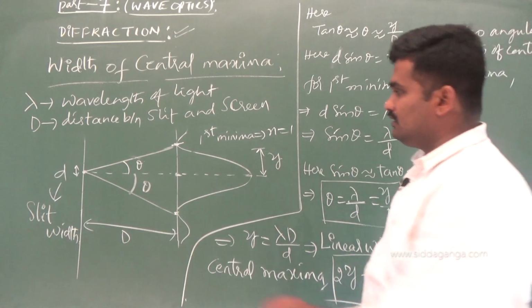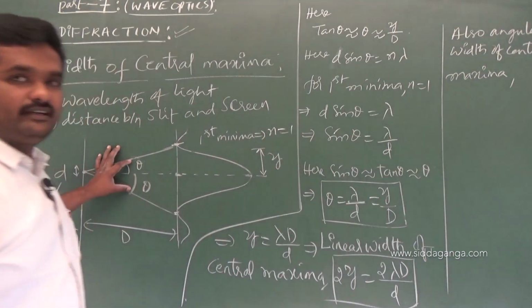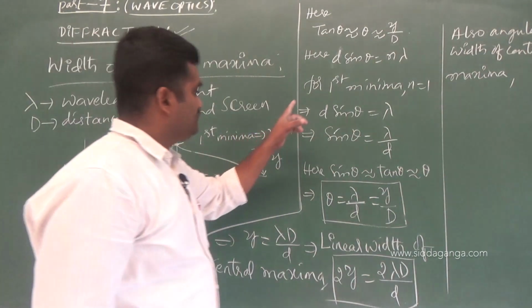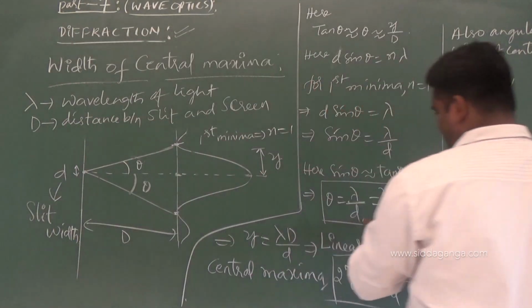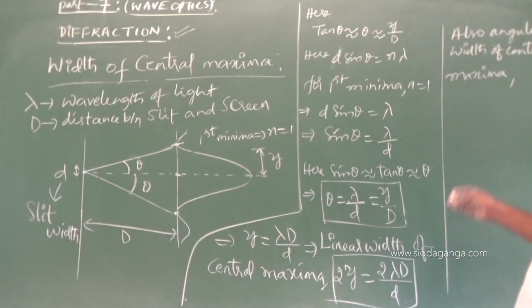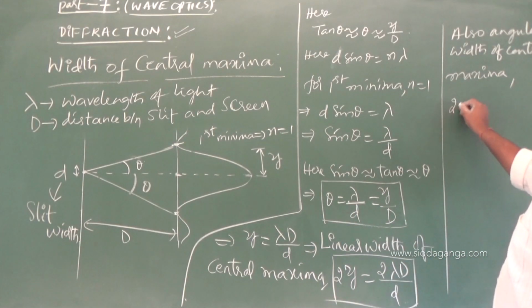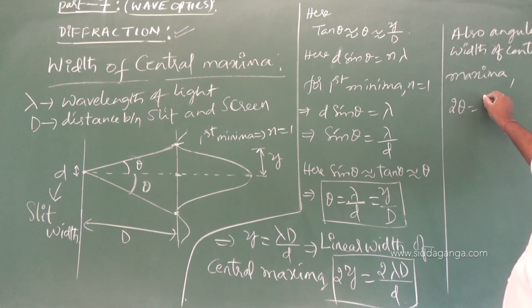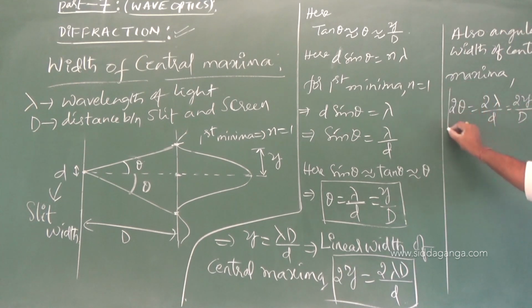How do we find it? It is 2 theta only. What is the value of theta here? Theta equals lambda by d or y by D, anything you can say. Angular width means 2 theta, which equals 2 lambda by small d, or you can also write it as 2y by capital D. Any equation you can take.